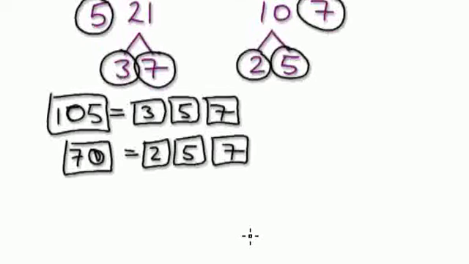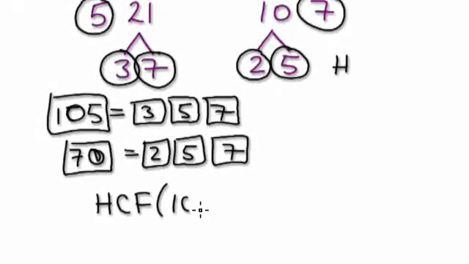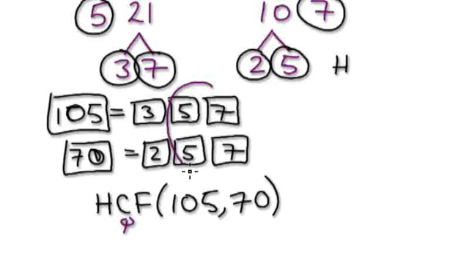Okay. Now from this, we should be able to work out the highest common factor of 105 and 70. Well, common factor means, common means that's in common between the two numbers here, and factor.